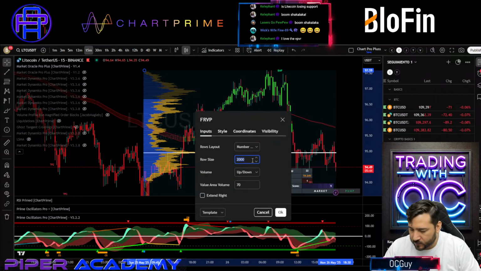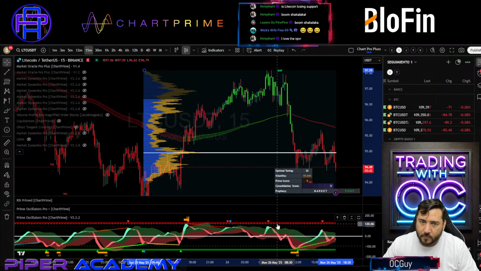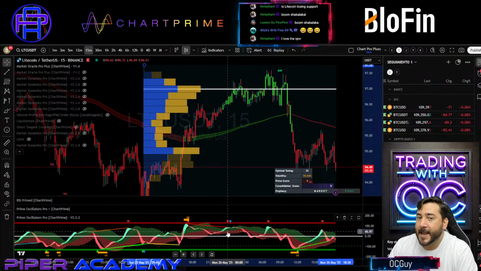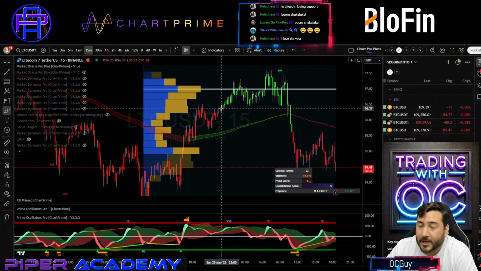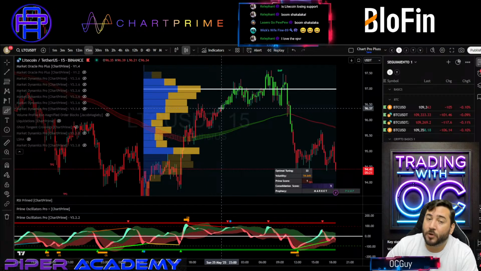What if I go to 20? Now I can start deciding which one I'm going to look for. Just remember that you're trading definition for a more defined, chunky zone. It's not a better area of entry.